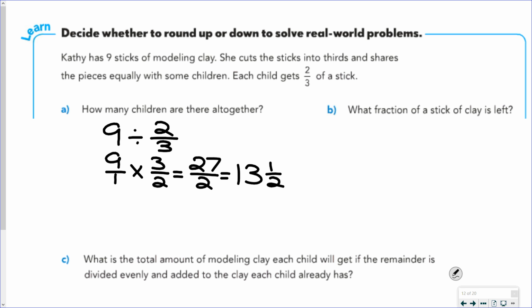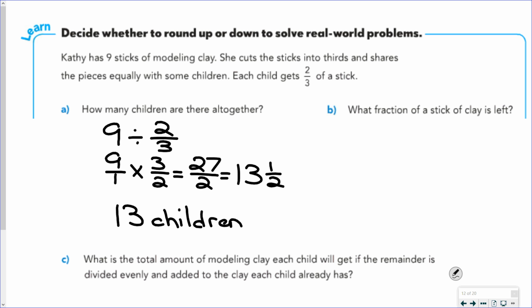Now the question says, how many children are there altogether? Well, 13 and a half doesn't make sense in this situation because we cannot have half a child. So we have to decide, are we going to round up or round down? Well, in this situation, we would round down to 13 because we do not have enough clay for the 14th child. We only have enough for 13 and a half portions of the clay.